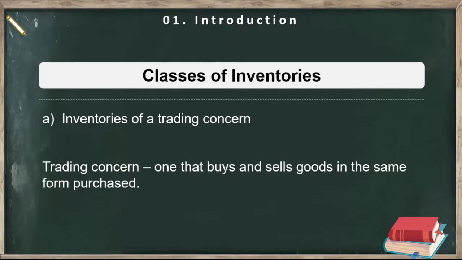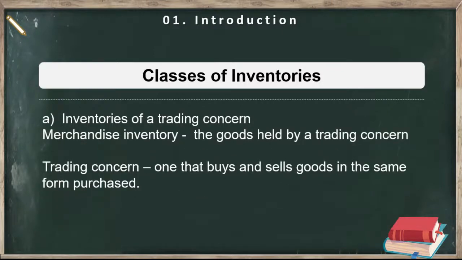Or your business is a school supplies store wherein you will purchase notebooks, ball pens, pencils, rulers, and other school supplies, and then you're going to sell them in the same form as you have purchased them.